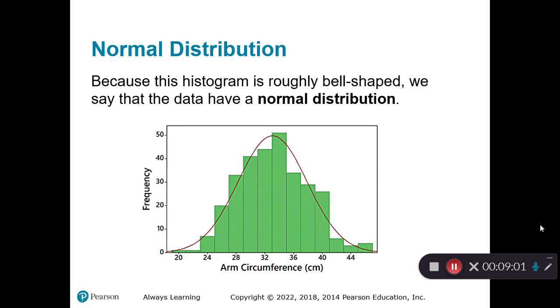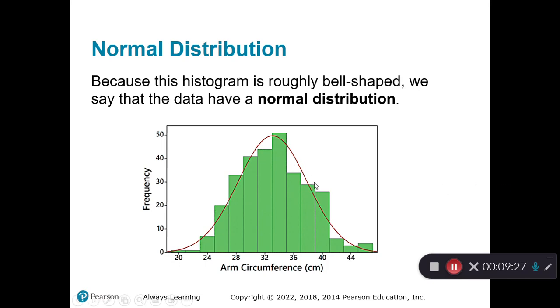As I mentioned in the previous video, normal distributions are so attractive to statisticians because they occur in natural phenomena in the world, and we study them very closely because of that. We will have an entire chapter dedicated to normal distributions later on in our course, but for now, here is a histogram that has mostly a normal looking shape to it.